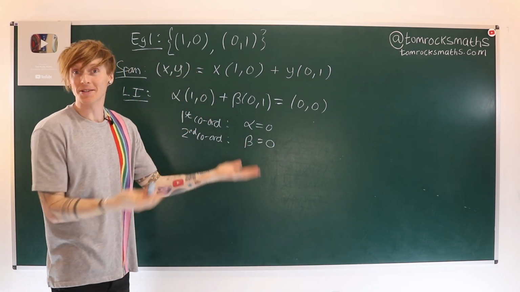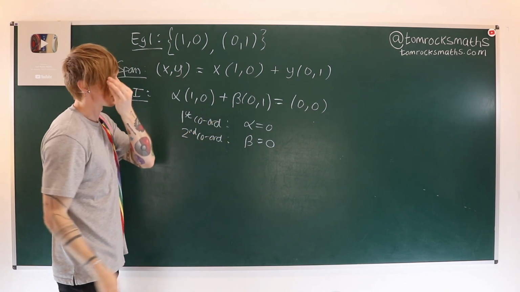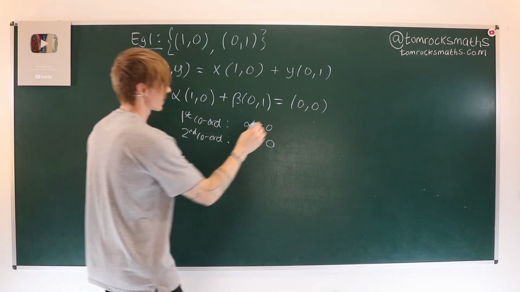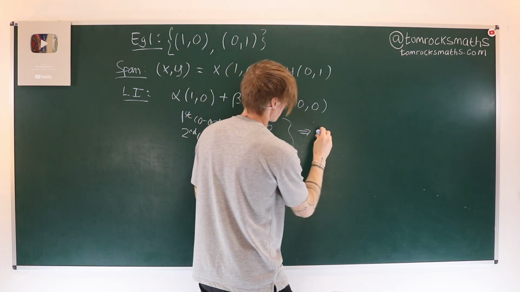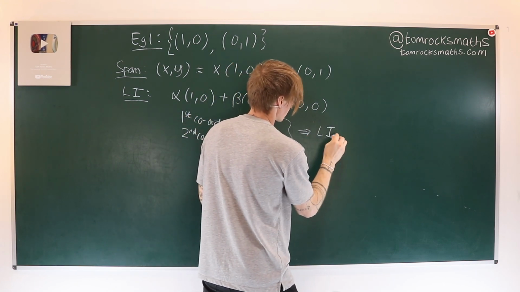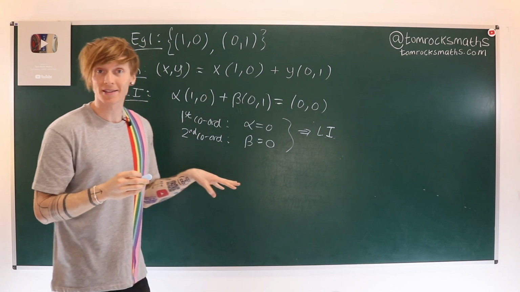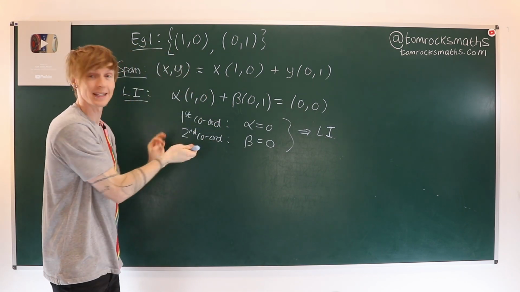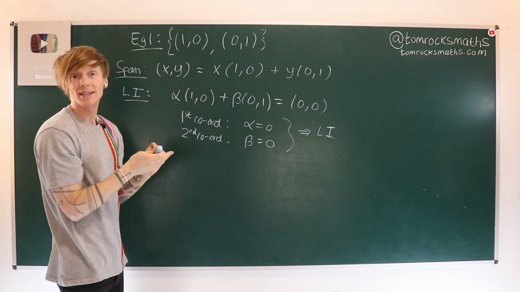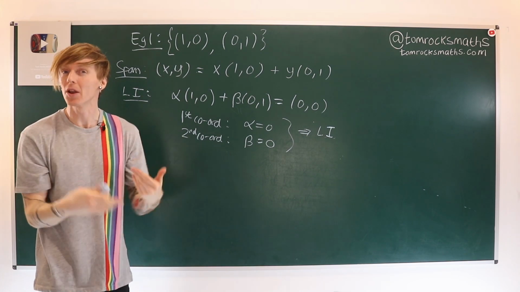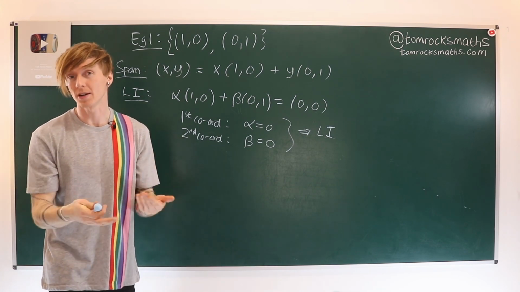So the only possible solution is when both alpha and beta are 0, and this therefore implies linearly independent. It's spanning, it's linearly independent, so this is a basis, and as I said, it's the standard or canonical basis for the Cartesian plane.